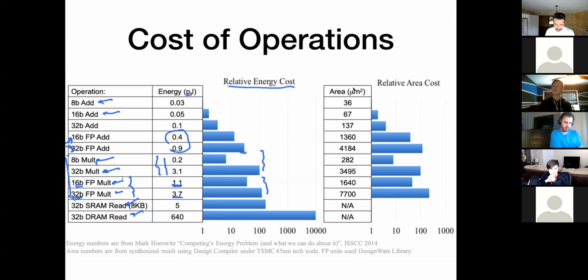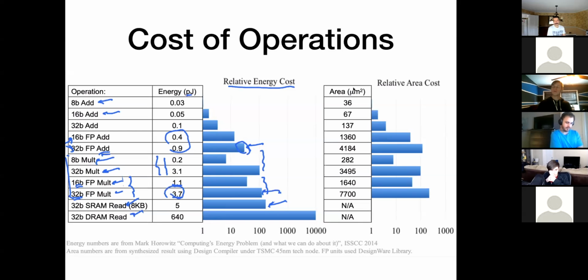But if you compare this one with this one, you see that the cost for addition is smaller than the cost for multiplication.